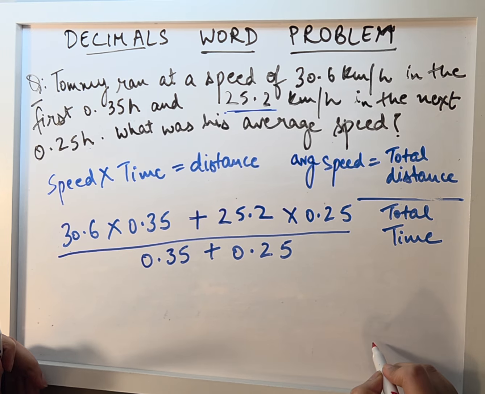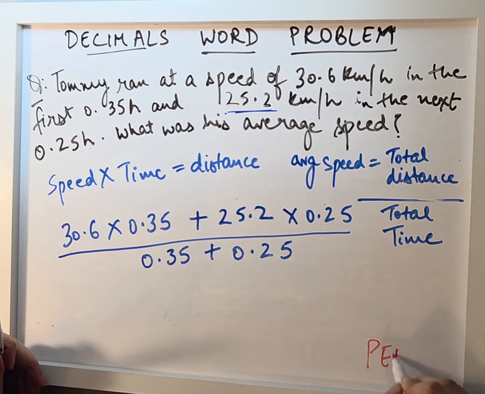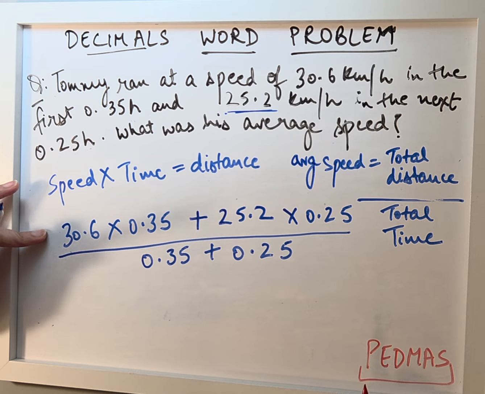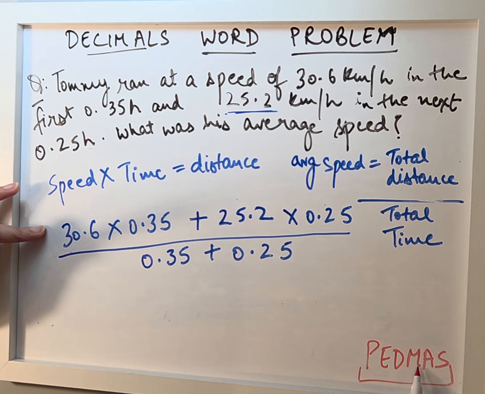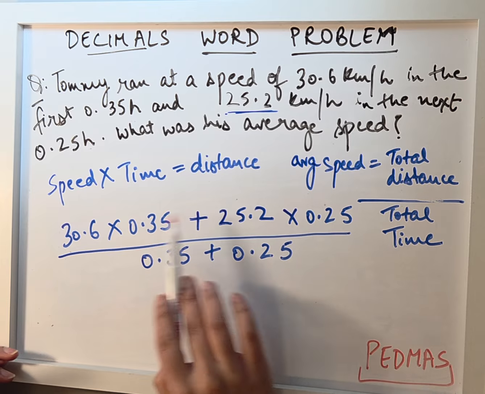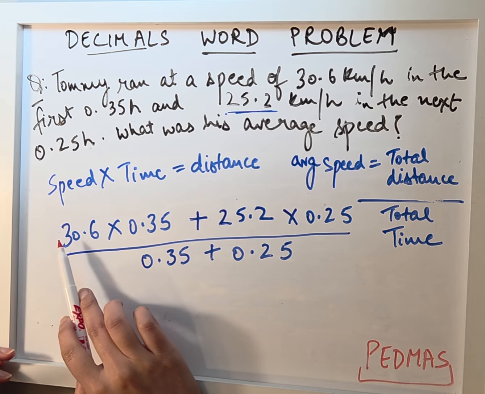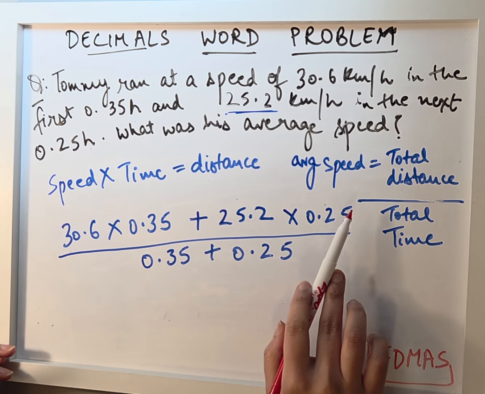PEDMAS is the order that we follow when we have more than one operation: parentheses, exponents, division, multiplication, addition, and subtraction. Here we don't have any parentheses, exponents or division, but we have multiplication. There are two multiplications, so we go from left to right.